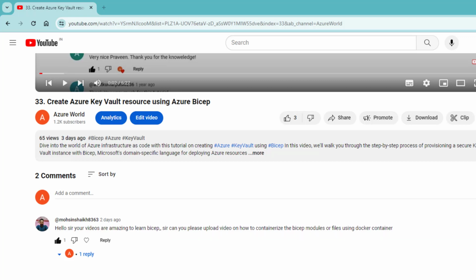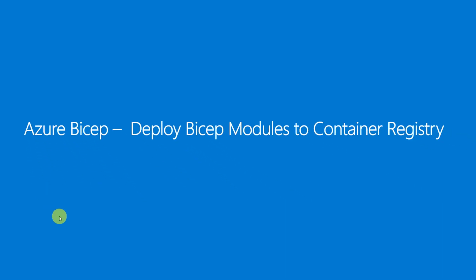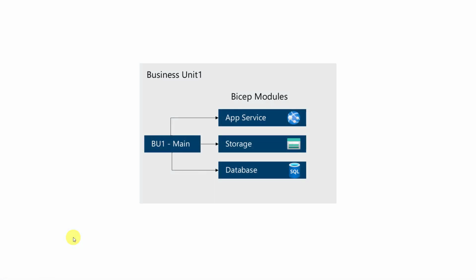Let's get started. Let's take a real world scenario where, let's say, you're working for a team or a business unit, business unit 1. In order to provision infrastructure using Bicep, one of the best practices for reusability is to use Bicep modules. As you can see here, there are three Bicep modules: the first one is app service, then storage and database.